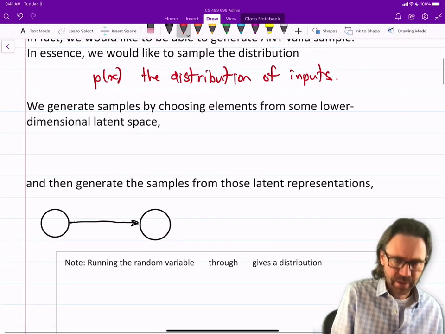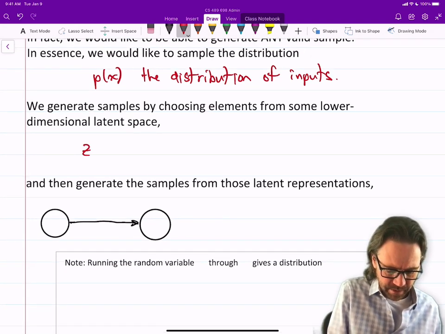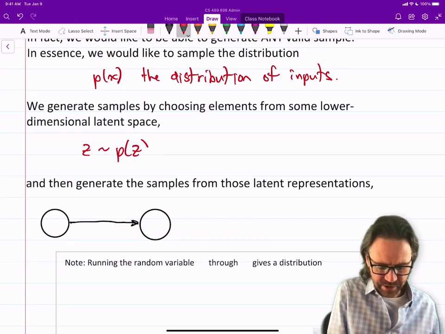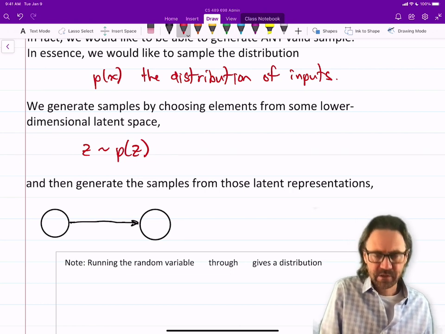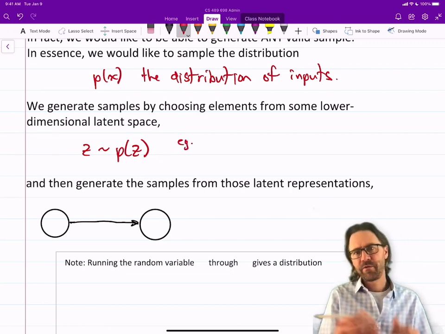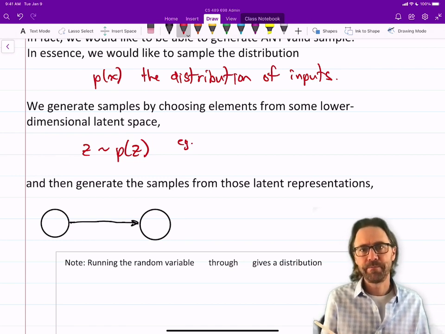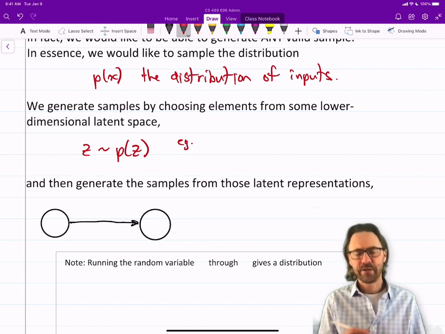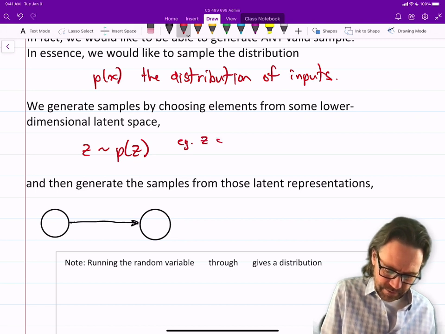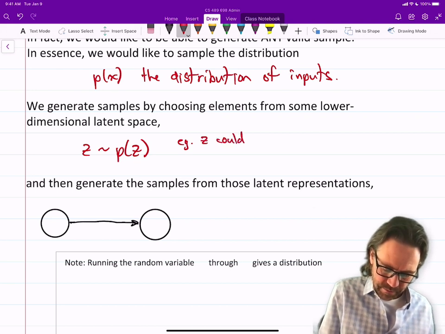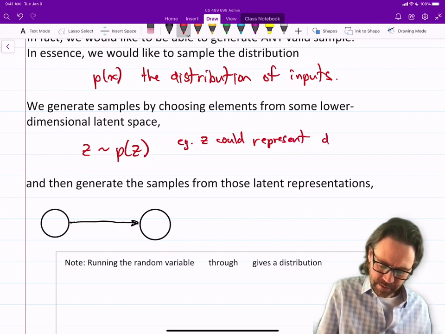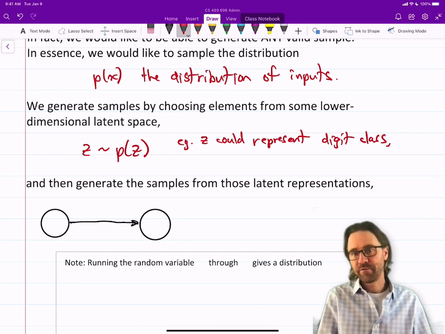So we could start with a Z taken from some latent distribution P of Z. So for example, for the MNIST data set, which is what I'm going to be talking about a lot here, the Z could represent the digit class, so is it a 5 or is it a 3?